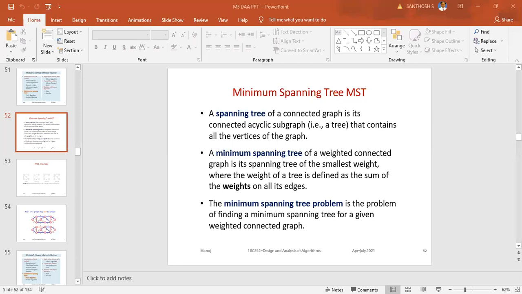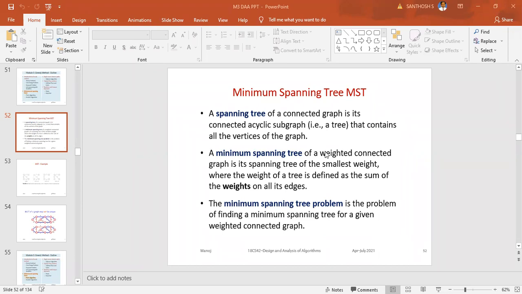So what do you mean by acyclic? Acyclic means a graph without any cycle.